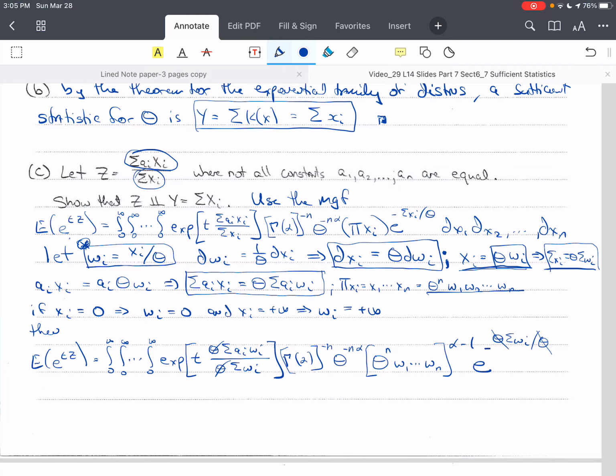So again, this theta and this theta are going to cancel. And then I have theta to the n, dw_1 up to dw_n. Okay?